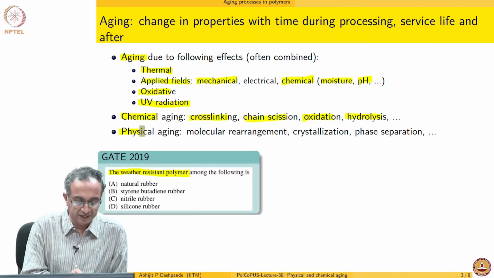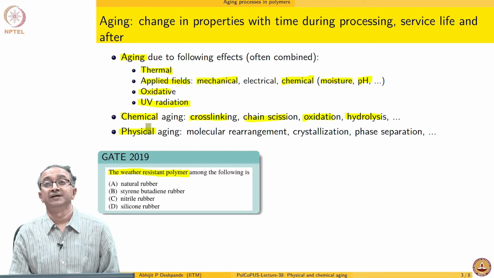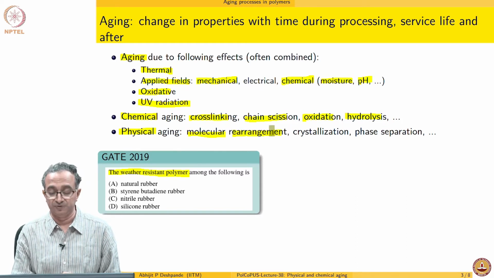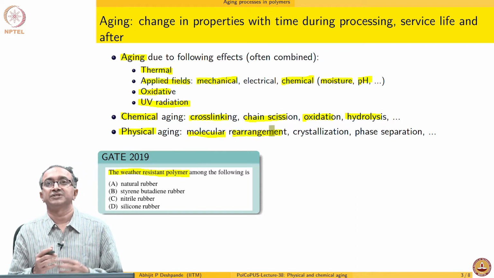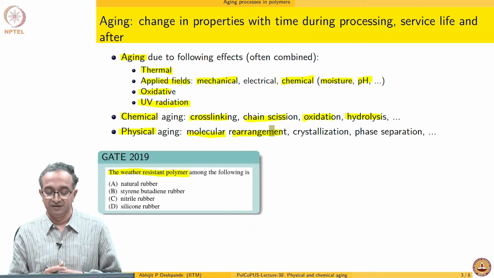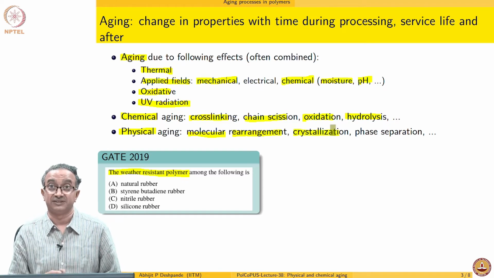On the other hand, we can also have physical aging, in which case we have processes like rearrangement of macromolecules. Some of them may start interacting with each other and form, let's say, hydrogen bonding networks because the macromolecules get a chance to come closer together due to aging because of molecular rearrangement. It could also be crystallization.